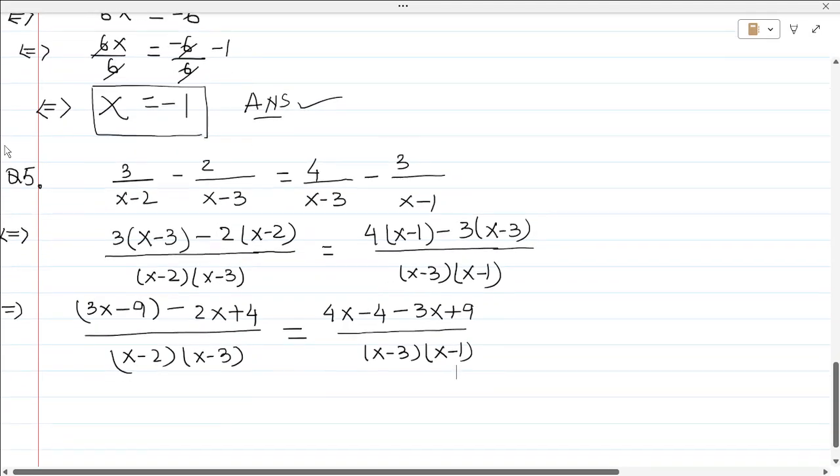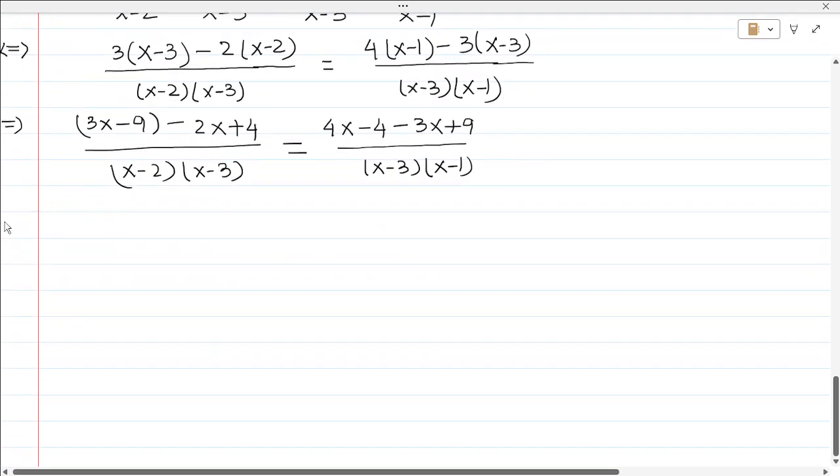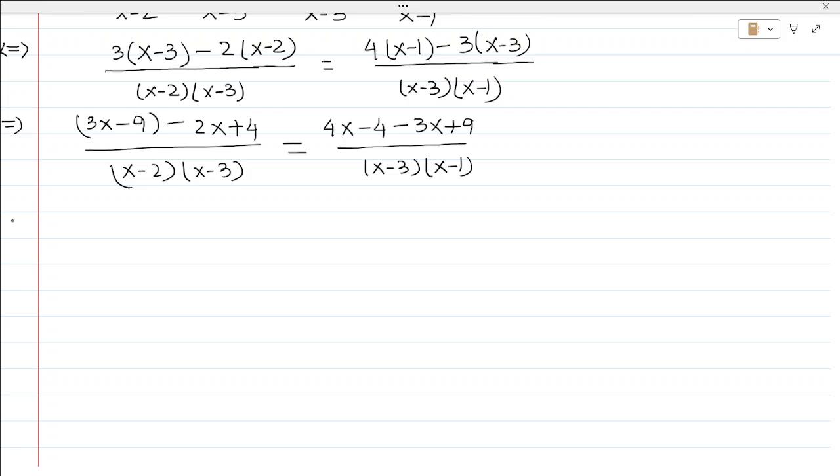Now let us open this numerator bracket: 3x minus 9 minus 2x plus 4 upon x minus 2 x minus 3 is equal to 4x minus 4 minus 3x.